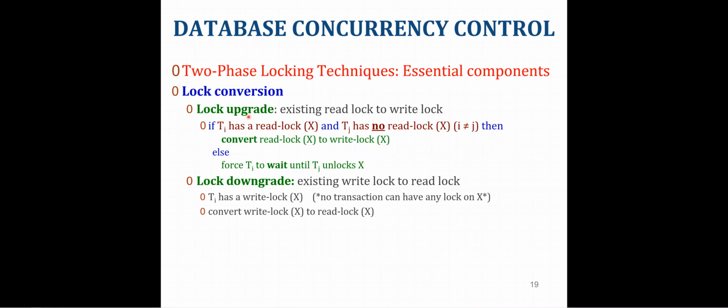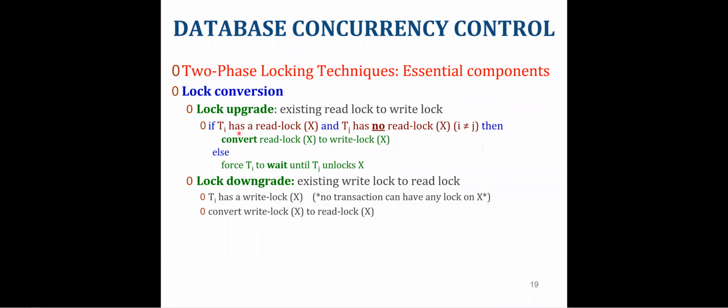So if you are reading and you want to upgrade to write, that's called lock upgrade. So now from a read lock, you will upgrade the transaction to have the write lock. But there is a condition. If Ti has a read lock and Tj has no read lock, then convert lock X to write lock X, which means there is only that transaction reading at the moment.